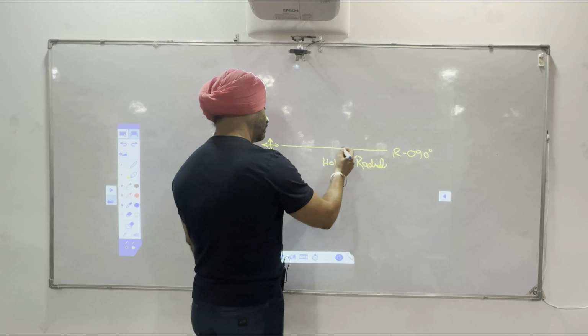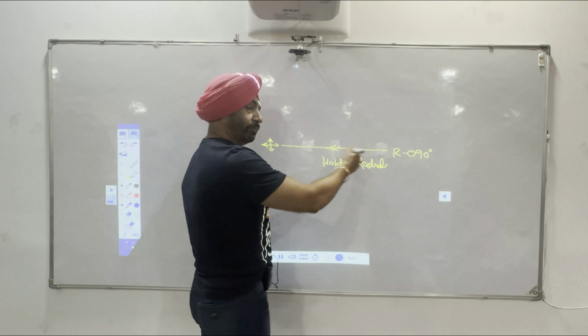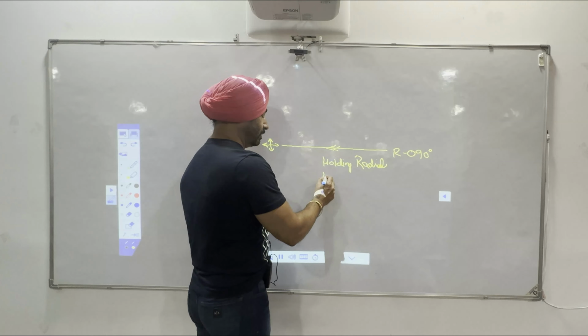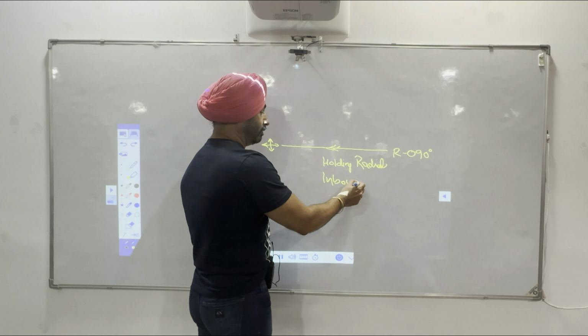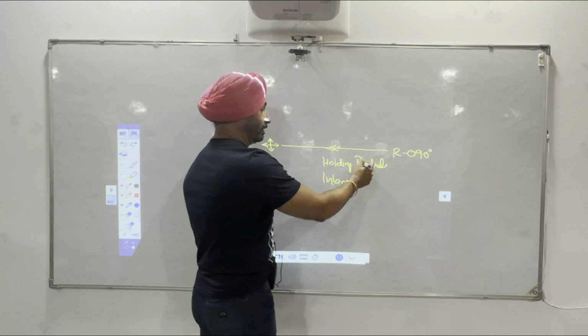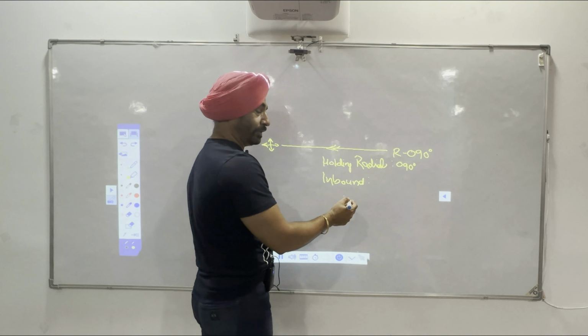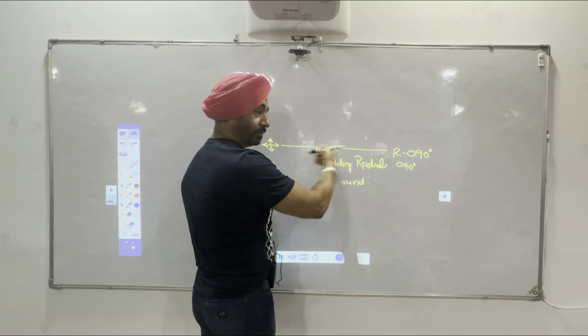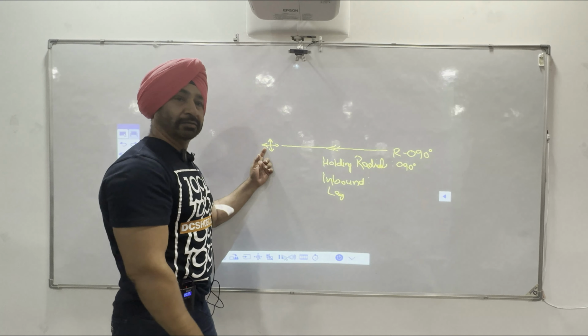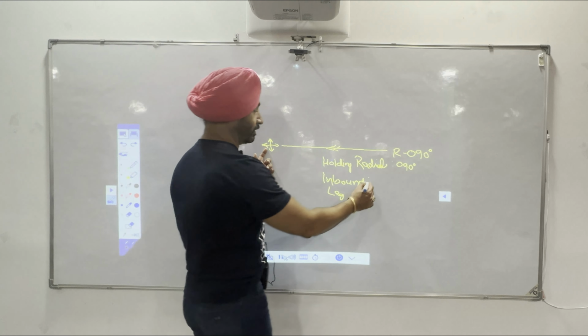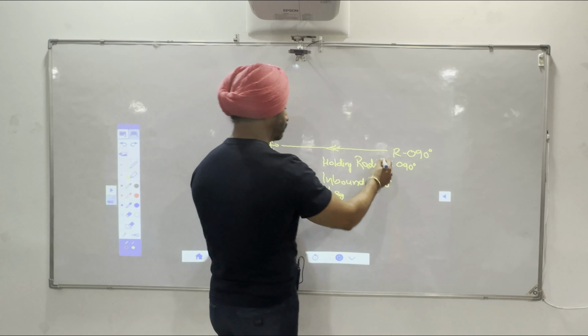So in the hold, when you come inbound, this is a term: inbound in a hold. Your holding radial is 090. What is your inbound leg when you are going towards the holding point? 270. So you have the inbound leg.